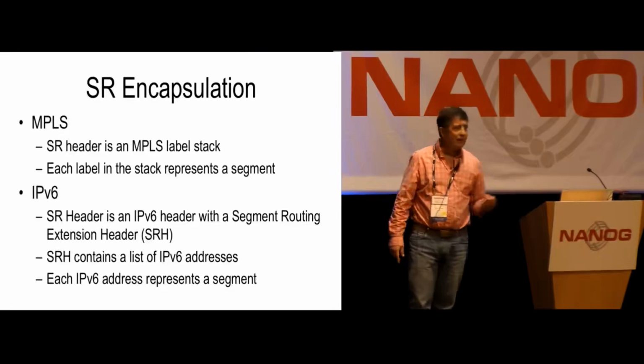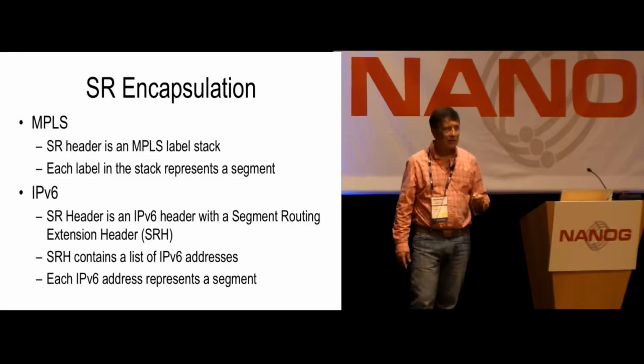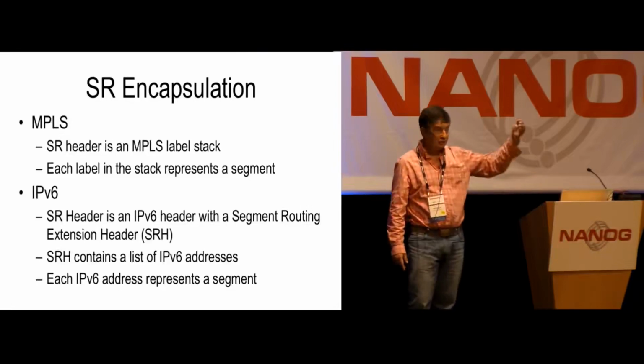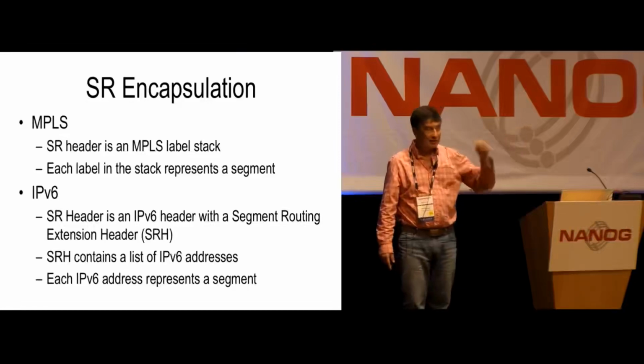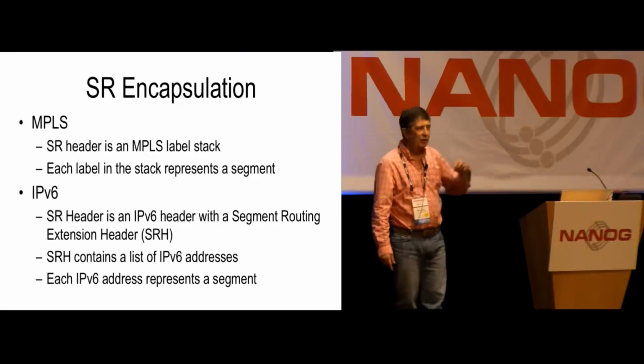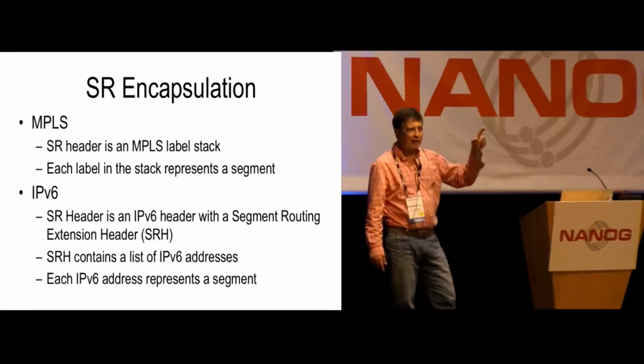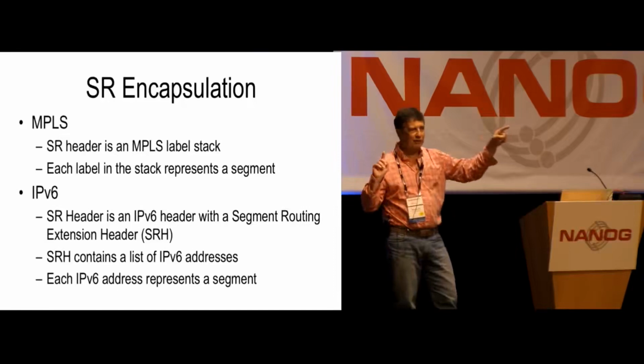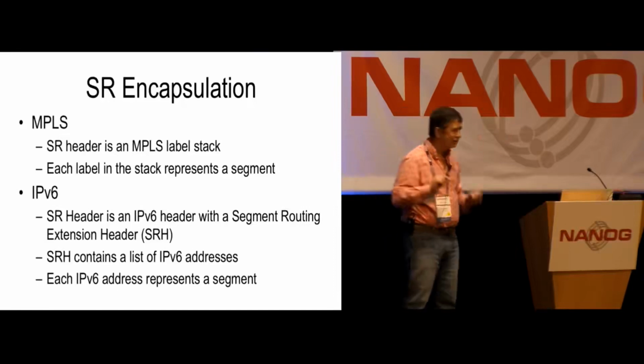Well, in MPLS, we do exactly the same thing. The ingress router imposes a label stack. Each label gets you to the endpoint of a segment. And the network has enough information in it to get you from each segment ingress to each segment egress.